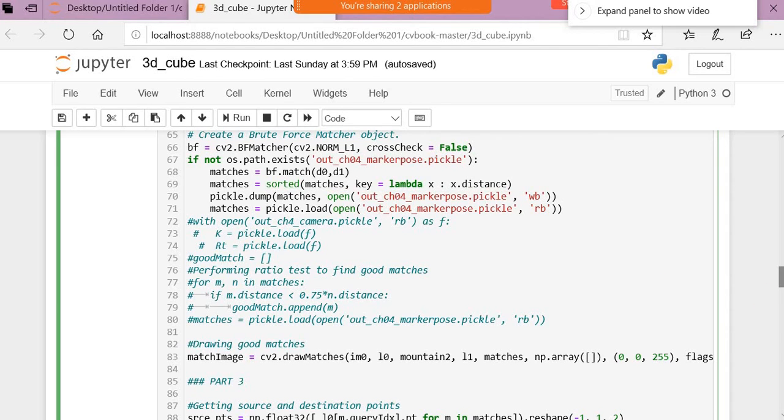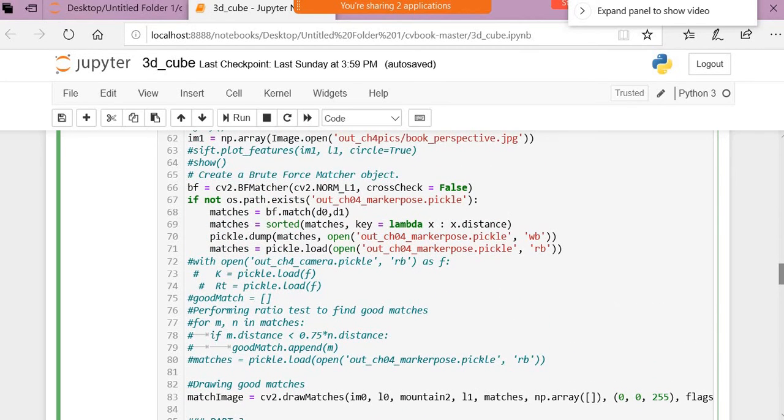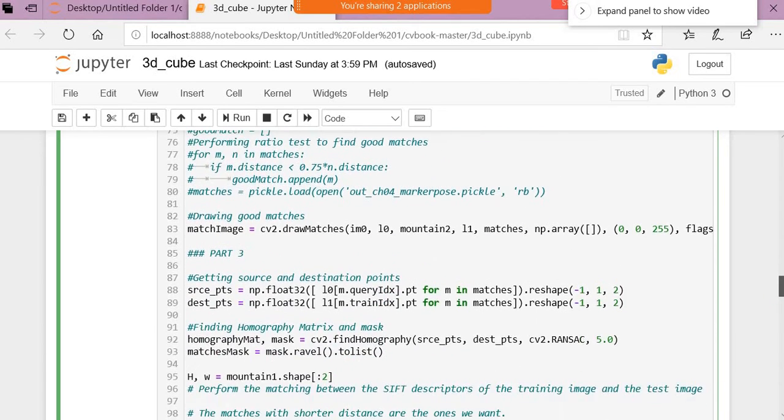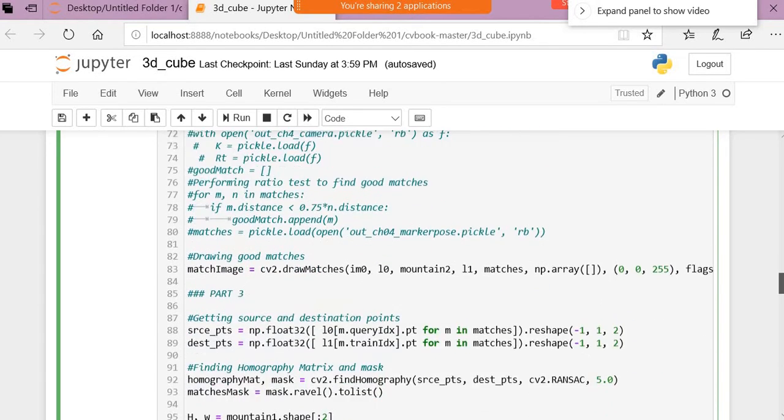So you do not need to compute again and again, because in image processing it takes a lot of time. In this case there are only 2 images, but in real time there are so many images with very high resolution. That's why the pickle concept is used, and it will be run the first time.